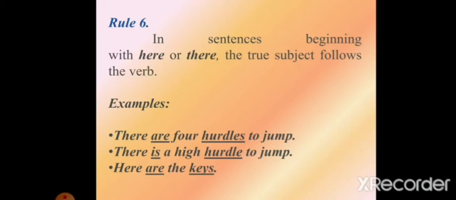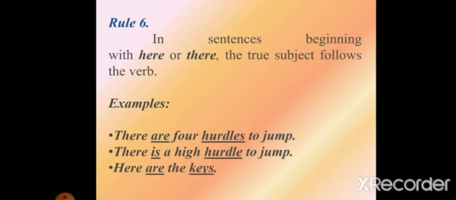Now, in sentences beginning with here or there, the true subject follows the verb. Usually, in sentences, the verb follows the subject. But when there are there and here, they are the dummy subjects. The true subject always follows the verb when you have here or there.